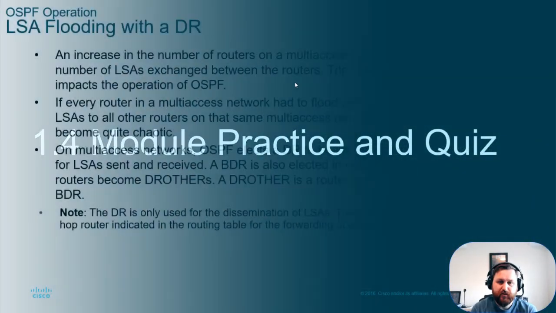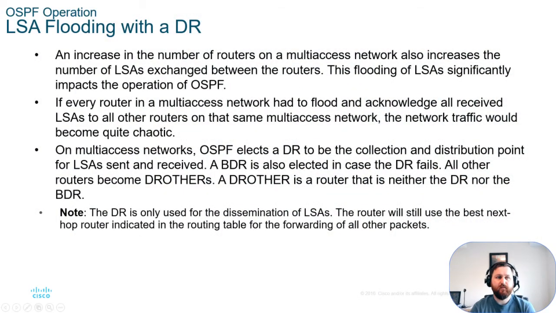The last thing to leave you off with is that we mentioned designated router and we mentioned backup designated router. If we have more routers in our network, they're called DROthers. So the designated router makes the primary changes, the backup designated router is the next important one, and then all other routers are the DROthers.